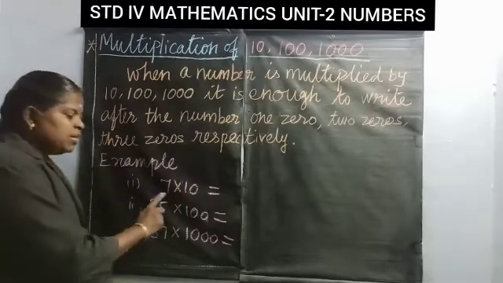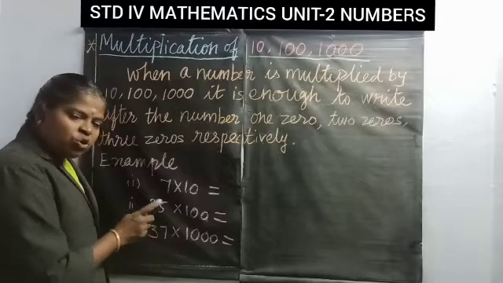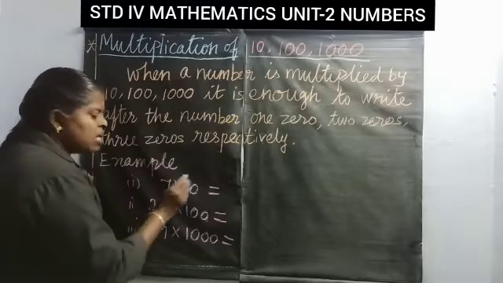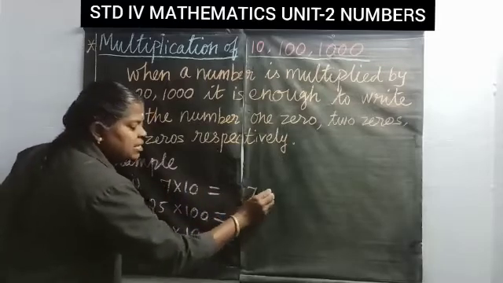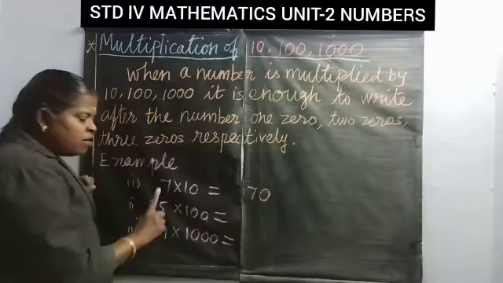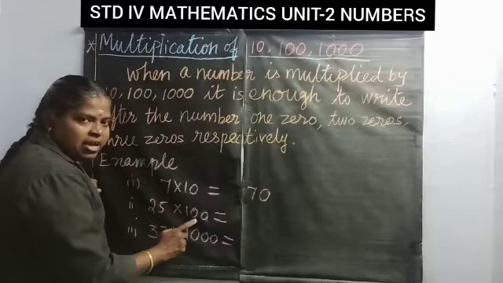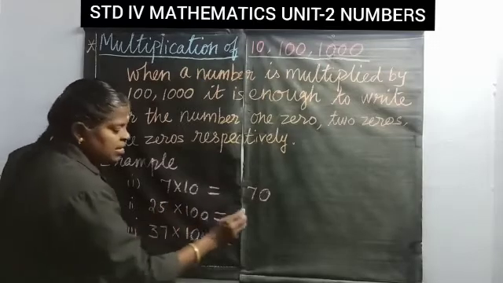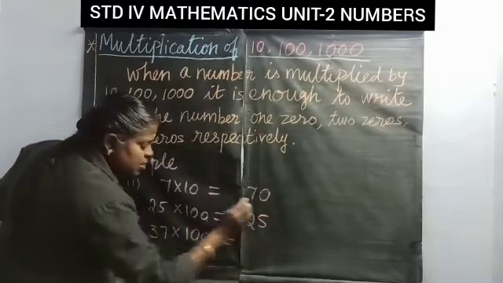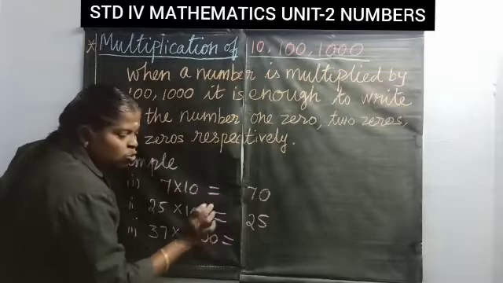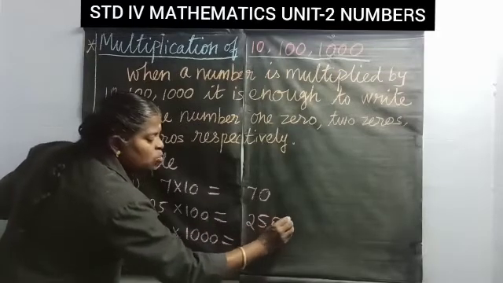Example: 7 into 10. 7 tens are, we know very well, 70. So first we write 7, then join 1 zero. 25 into 100. First we write 25, then join how many zeros? 2. So we join 2 zeros.